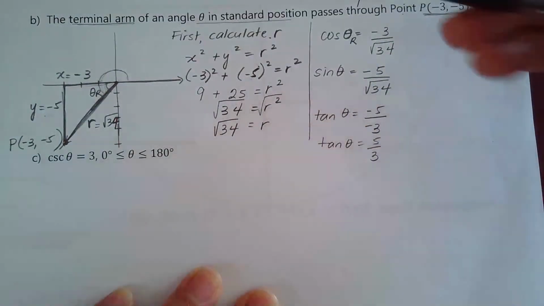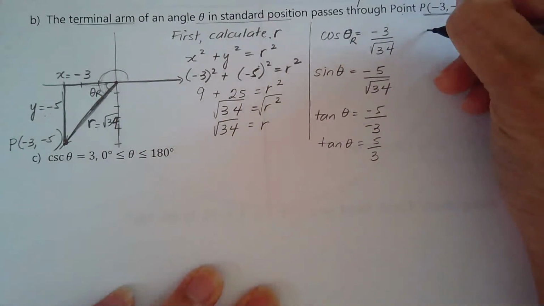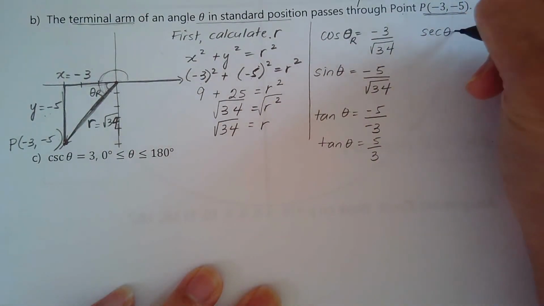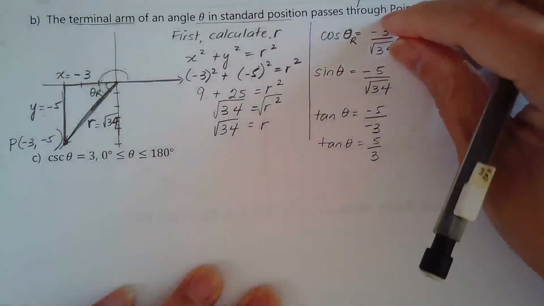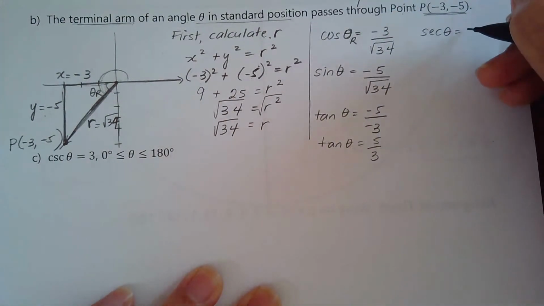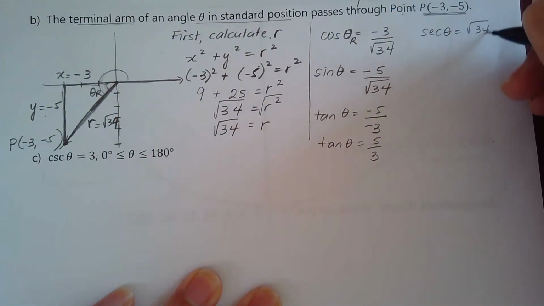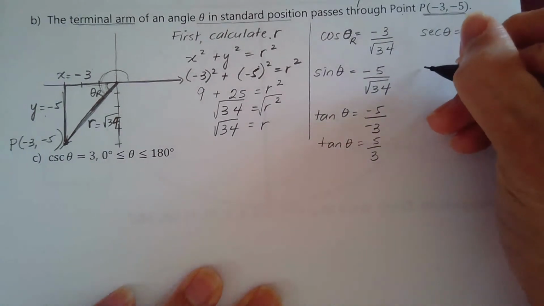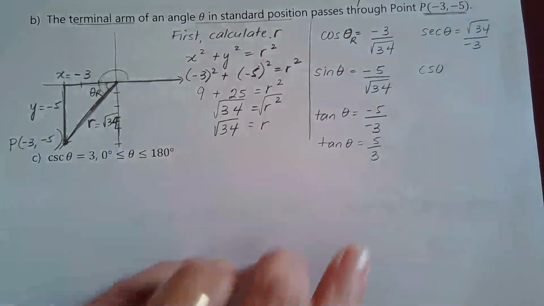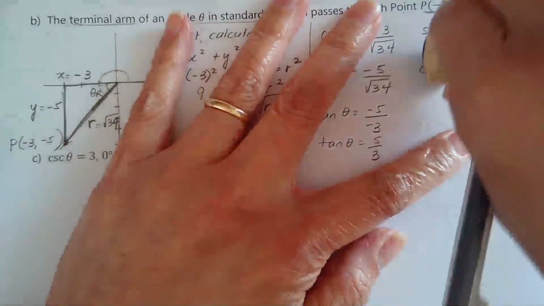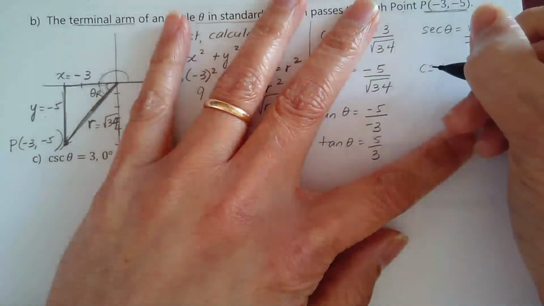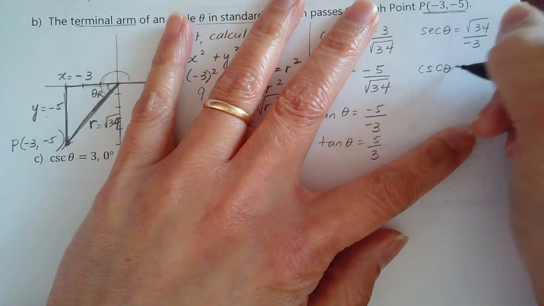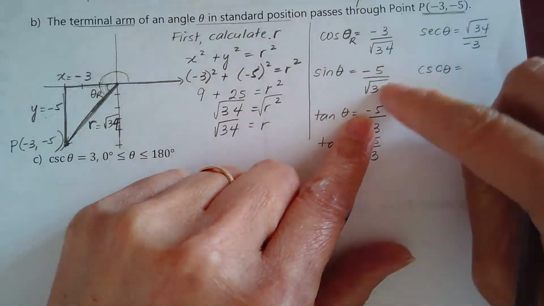Now we're going to do the reciprocals. Secant theta is the reciprocal of cosine, so it's going to be √34 divided by -3. Cosecant theta. Why do I always forget the extra c? Cosecant theta is equal to the reciprocal of sine.